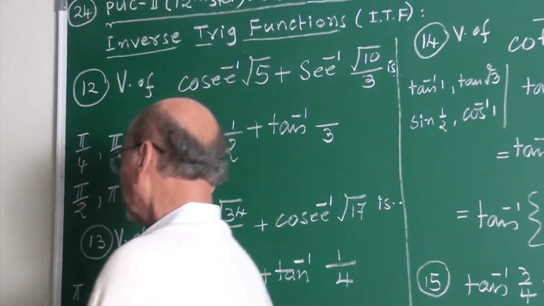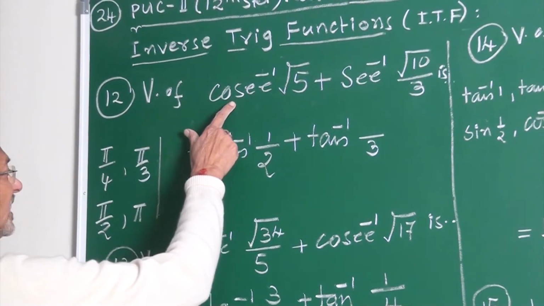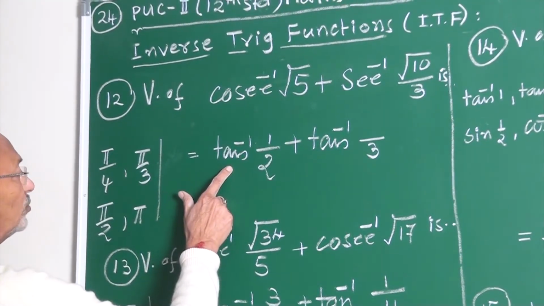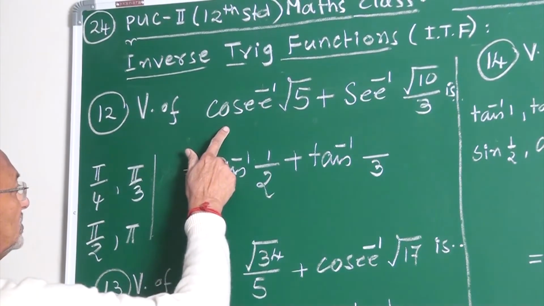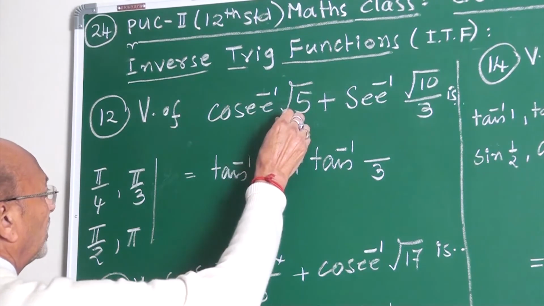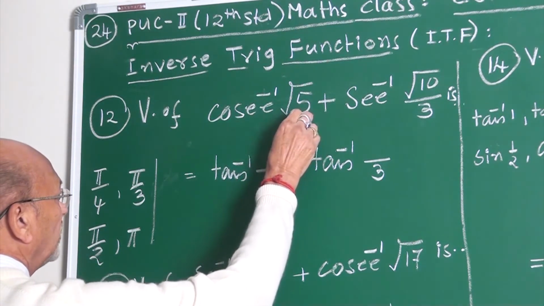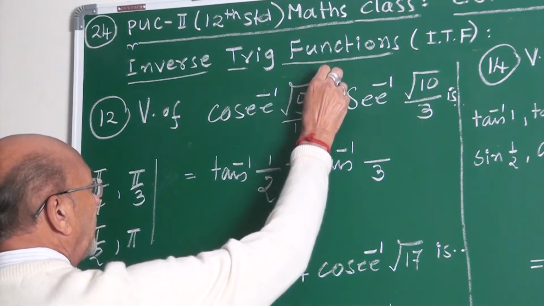Therefore, my friends, we are converting the inverse trigonometric functions other than tan inverse to tan inverse. You know the procedure. Sec inverse to tan inverse. See, it is cosec inverse root 5. Root 5 can be written as what? Down is 1. What is cosec? This is hypotenuse.